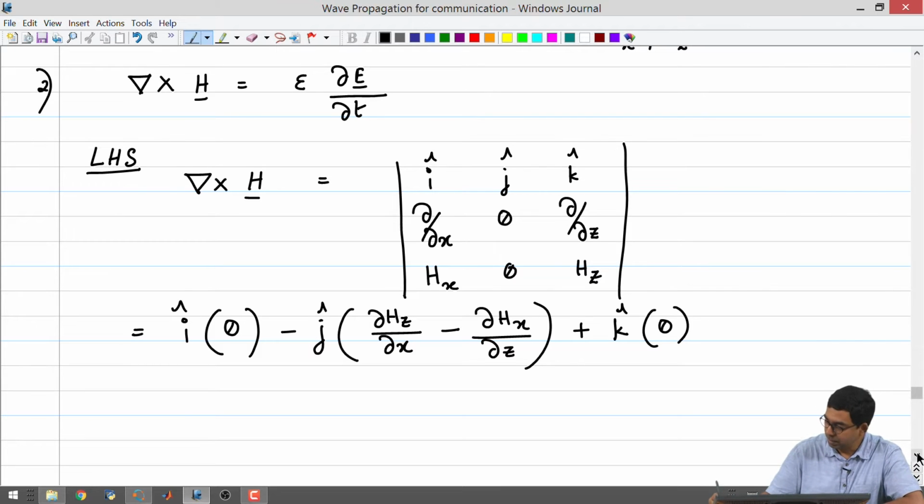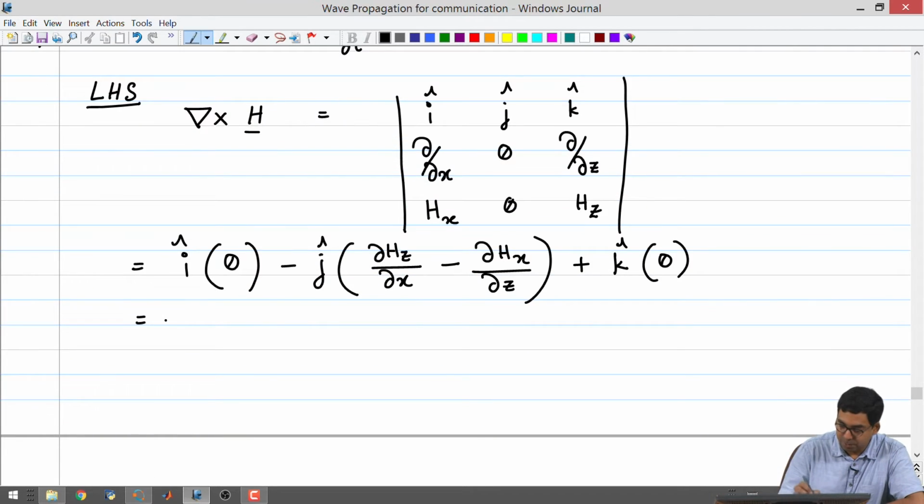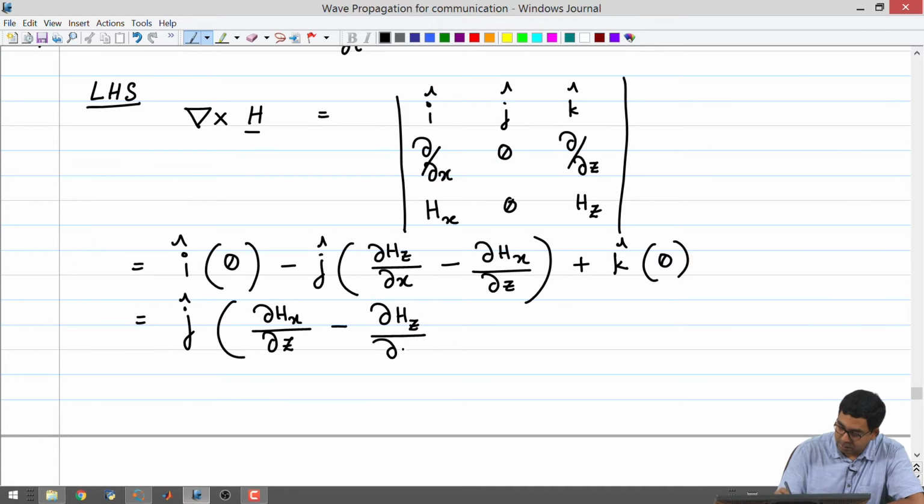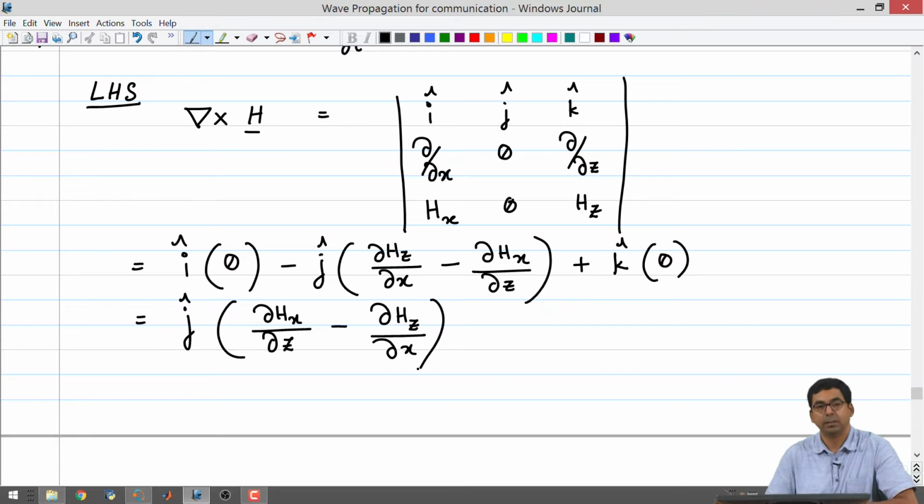To make it easier, I will remove the 0 terms and take the minus sign inside. Then I have j hat multiplied by dou Hx by dou z minus dou Hz by dou x.